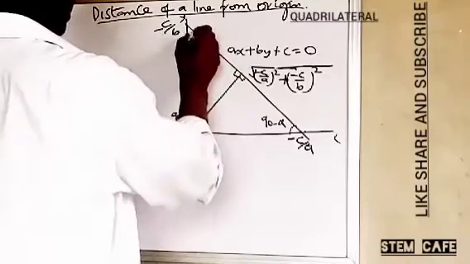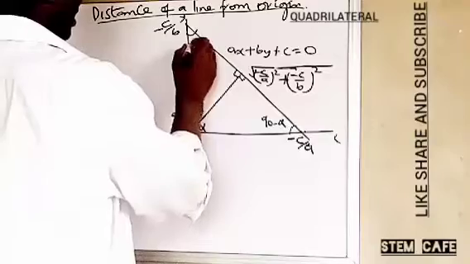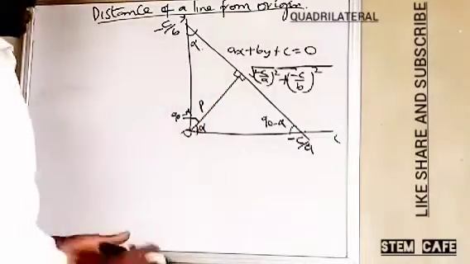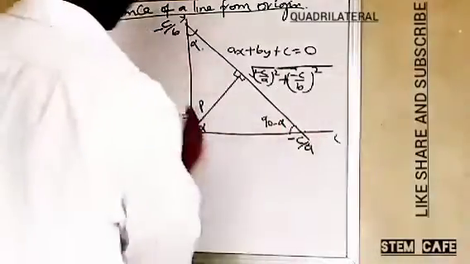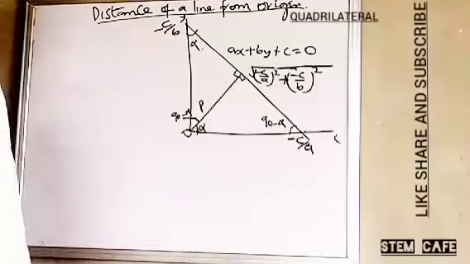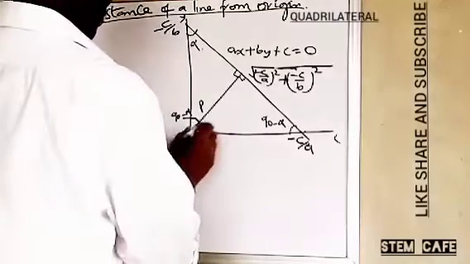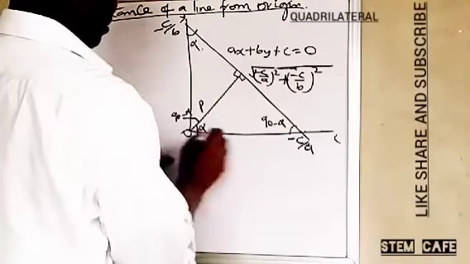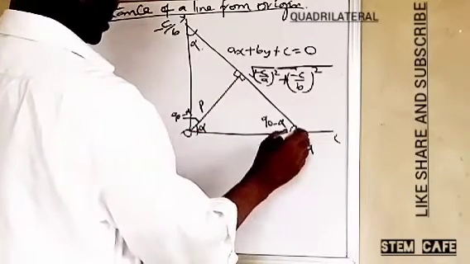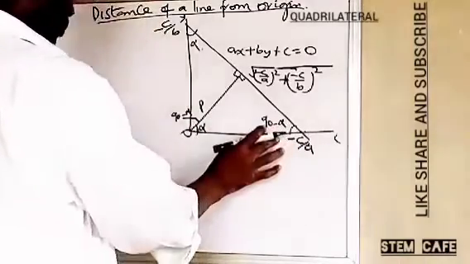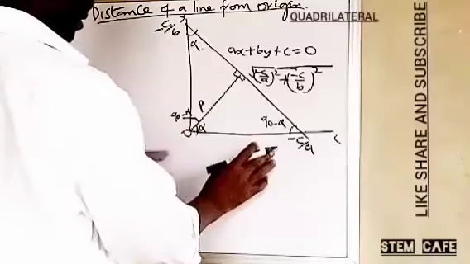So since I have this one, here also is going to be alpha. At the same time, you can see I have 3 similar right angle triangles. This will be the hypotenuse and P will be the adjacent.